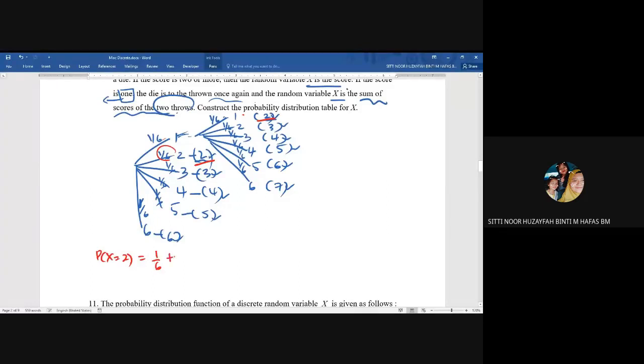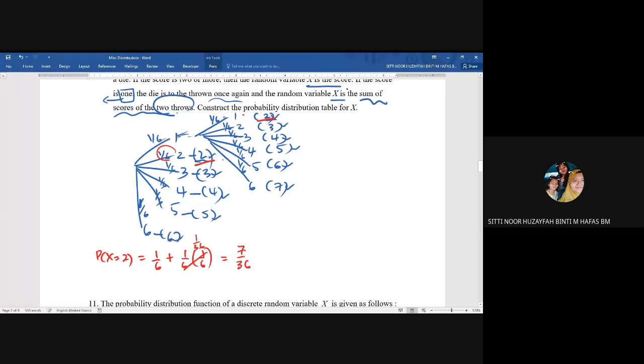And then we have to total up the second case, which is 1 over 6 multiplied by 1 over 6, so this is 1 over 36. So 1 over 36 added to 1 over 6. What is the answer? Yes, 6 plus 1 is 7, so 7 over 36. This is for 2.